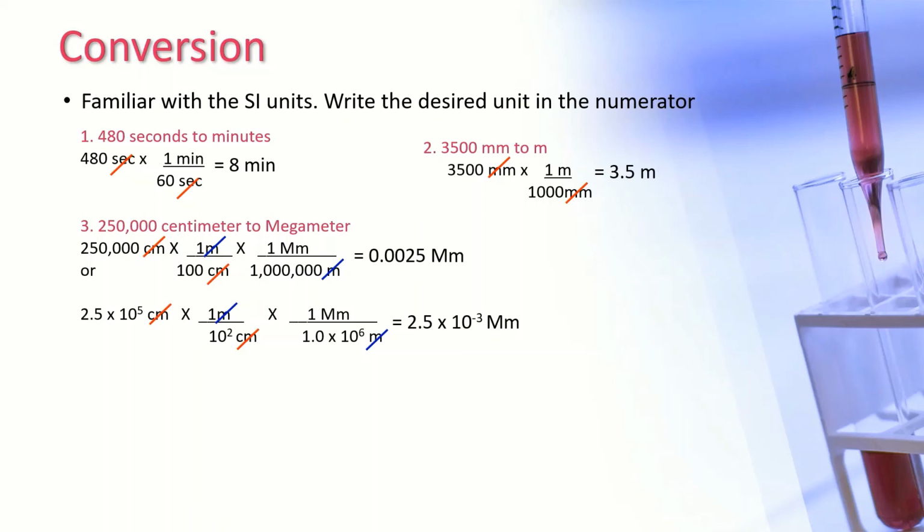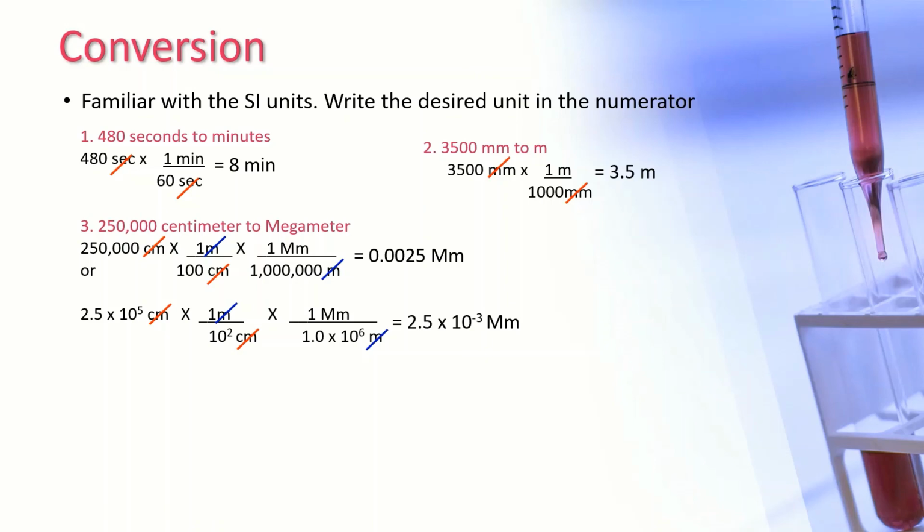So, you multiply first 2,500 centimeters times 1 meter over 100 cm times 1 megameter over 1 million meters to arrive at 0.0025 megameter or capital M.